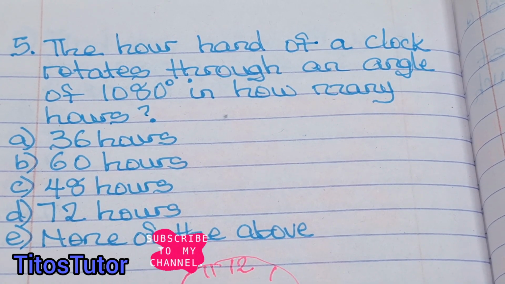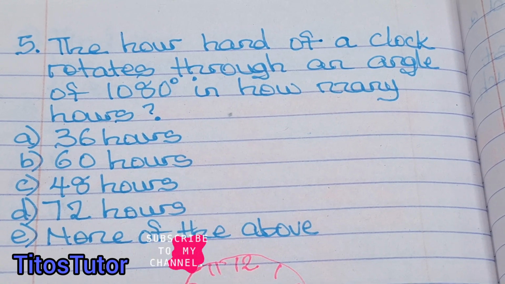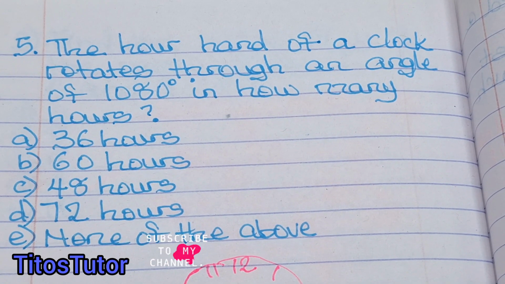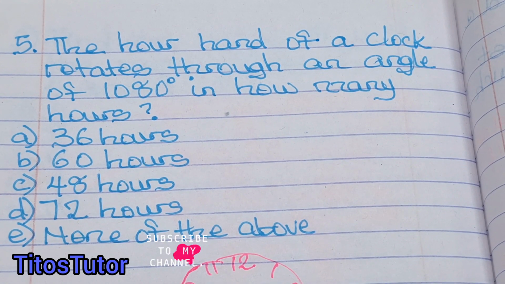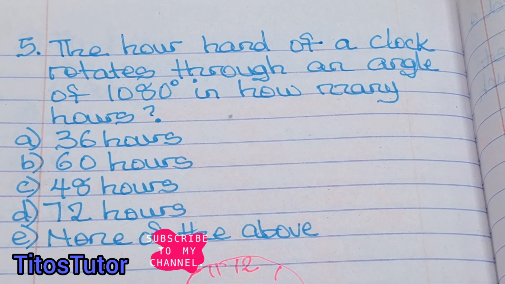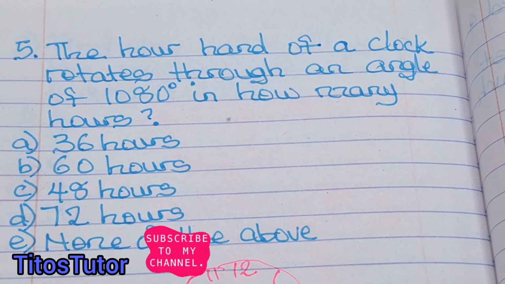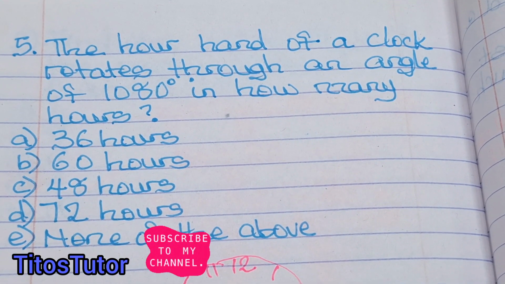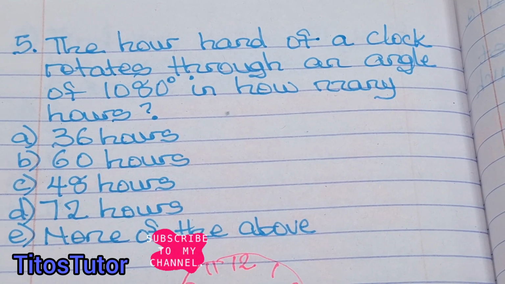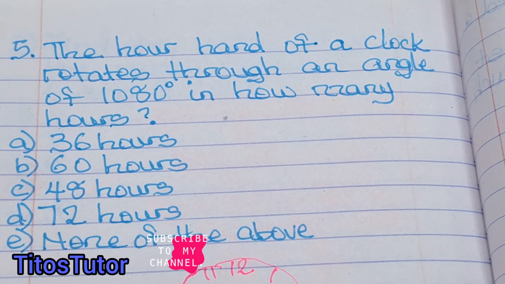Okay, this is our last question for this video, and it says the hour hand of a clock rotates through an angle of 1080 degrees in how many hours? So it's asking how many hours it takes the hour hand to rotate through 1080 degrees.